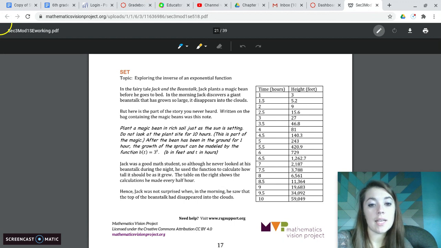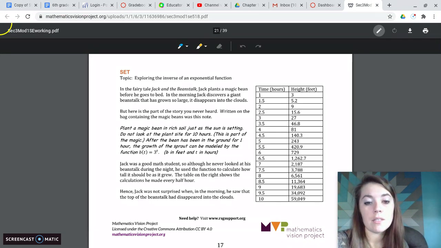Written on the bag containing the magic beans was this note: plant a magic bean in rich soil just as the sun is setting. Do not look at the plant site for 10 hours. This is part of the magic. After the bean has been in the ground for 1 hour, the growth of the sprout can be modeled by the function b of t equals 3 to the power of t, where b is in feet and t is in hours.